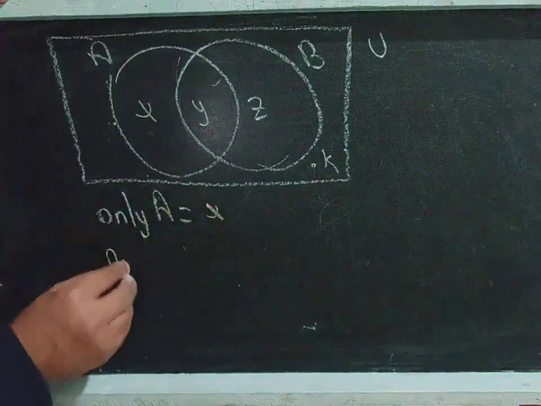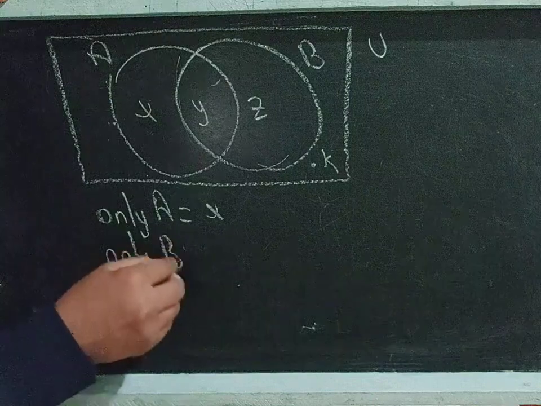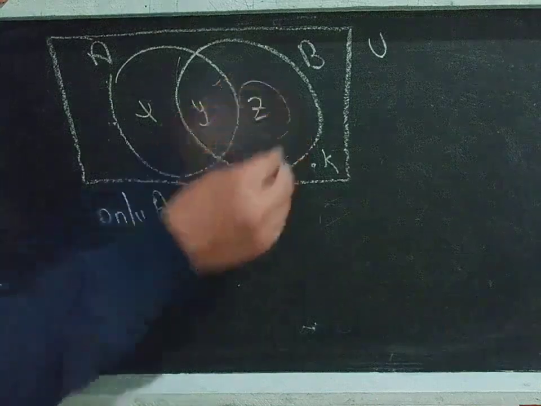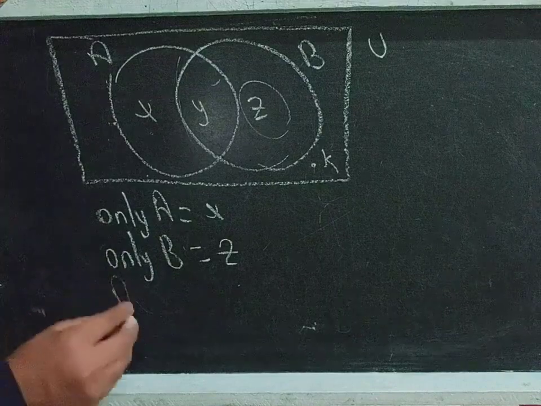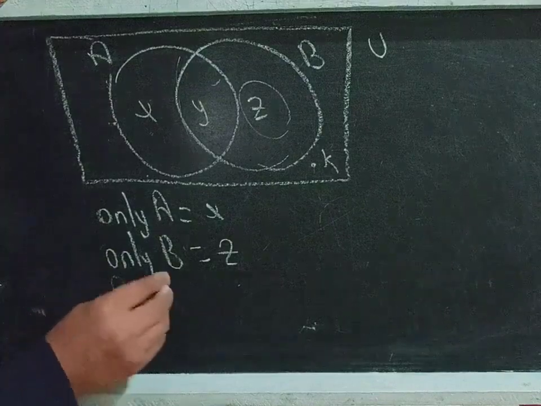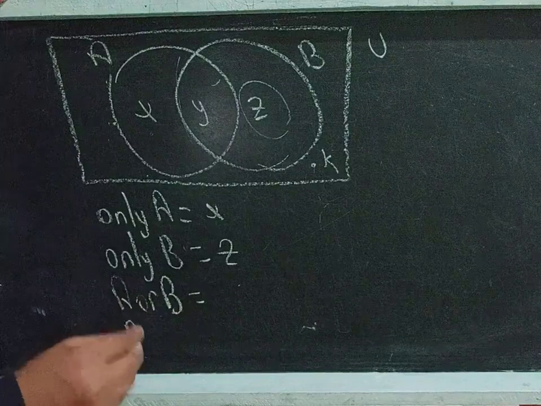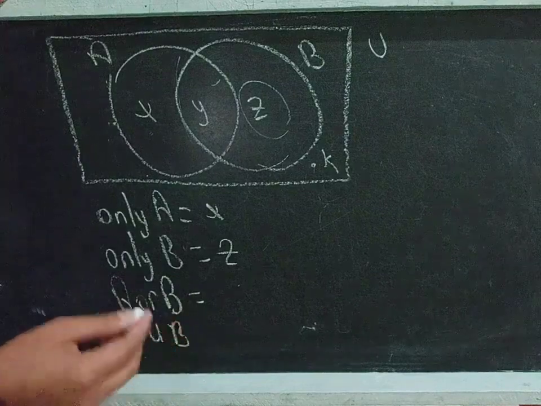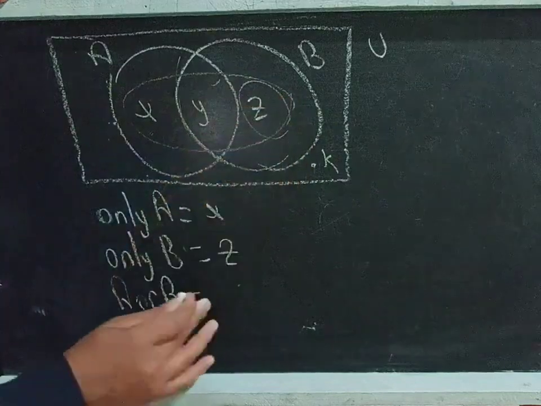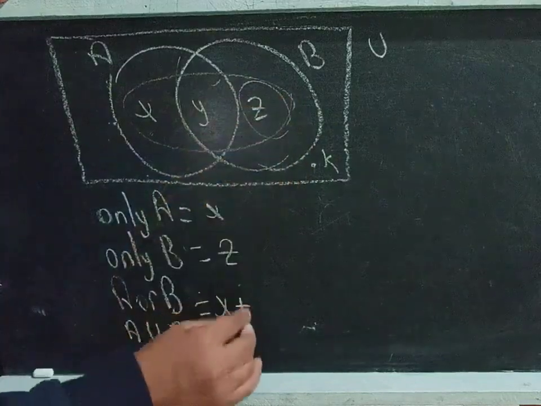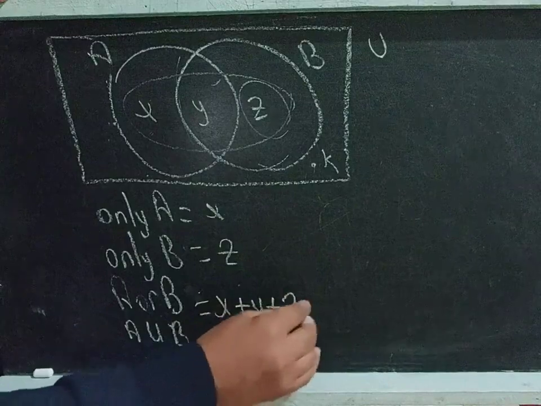Only B is going to be just z. A or B, that was A union B, so there are three of them, x plus y plus z.